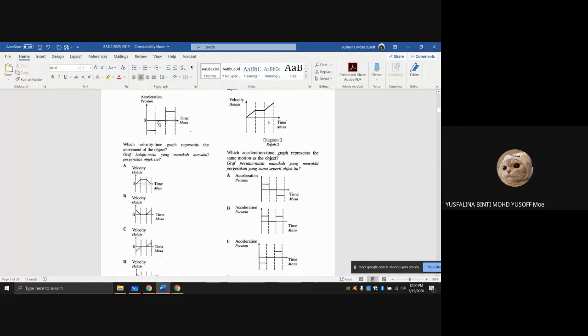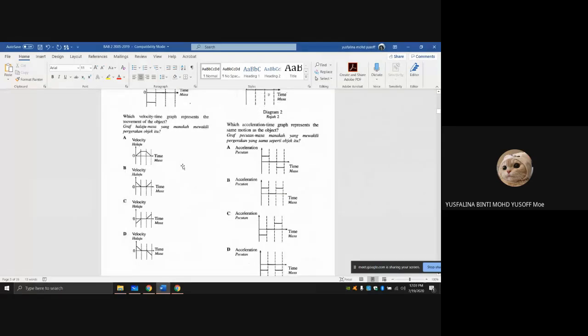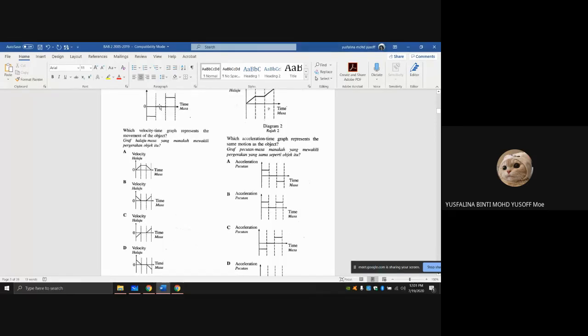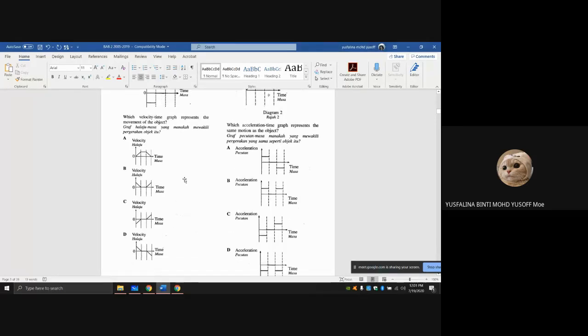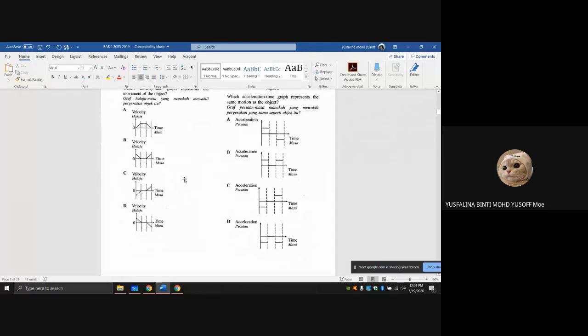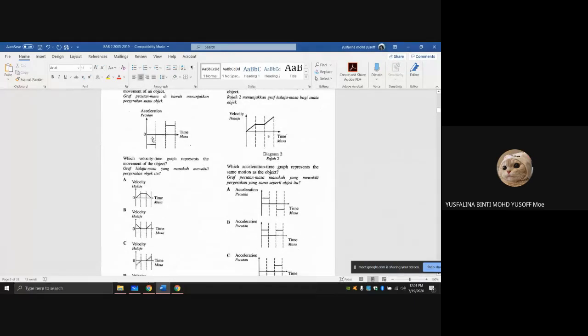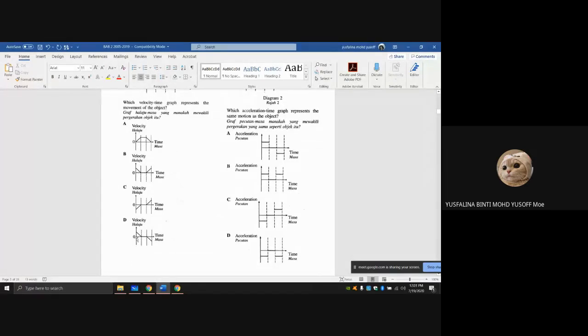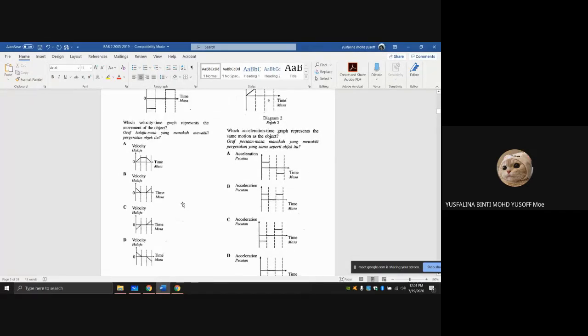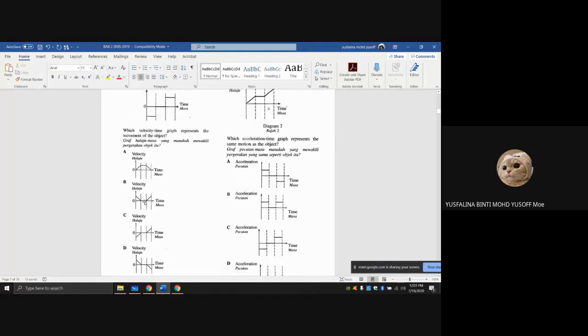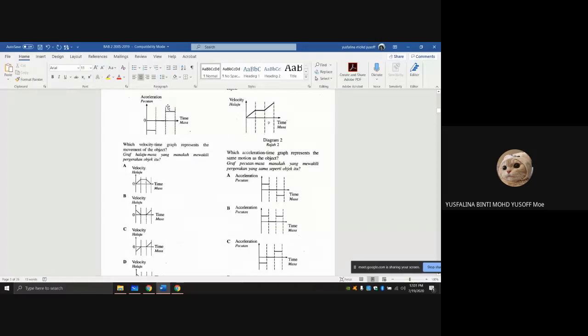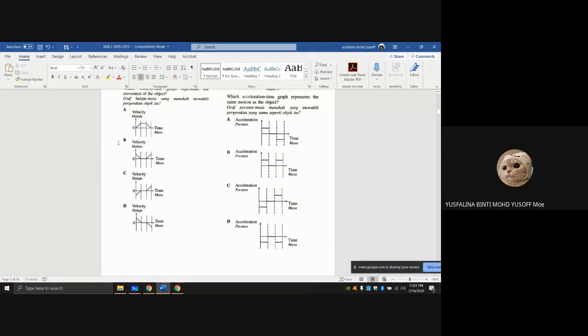For this one, you see the acceleration is 0, means there is a straight line here. Acceleration is negative, so this one or this one. And then this one acceleration is negative, so a straight line like this, and then suddenly the acceleration is positive, meaning the velocity increases. So the answer should be B.